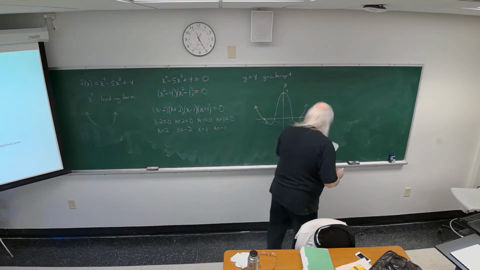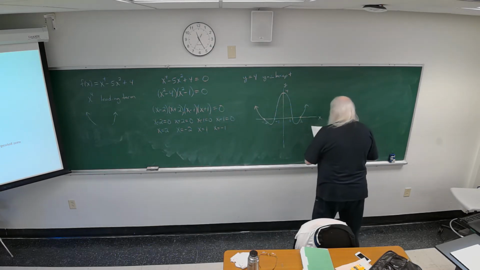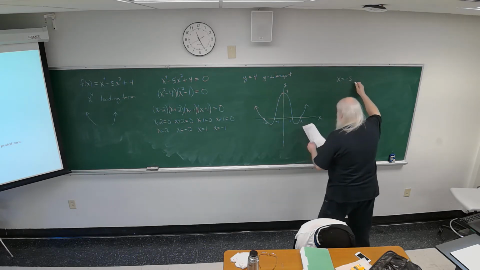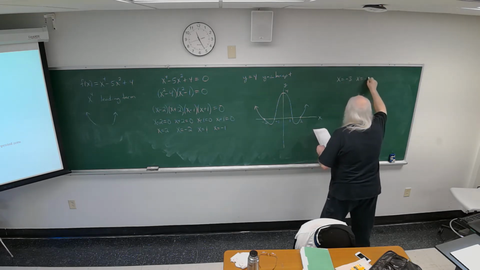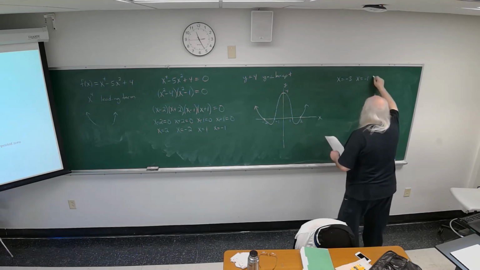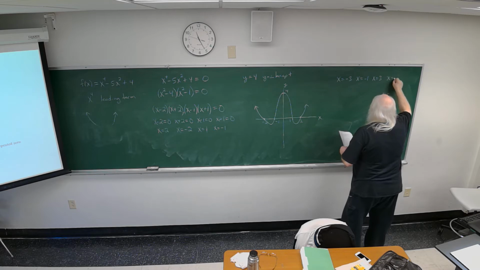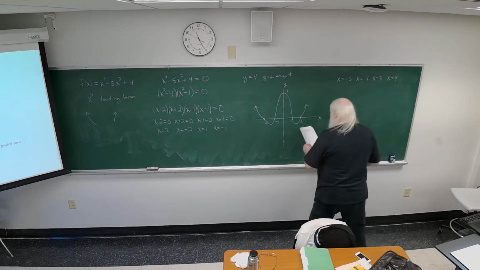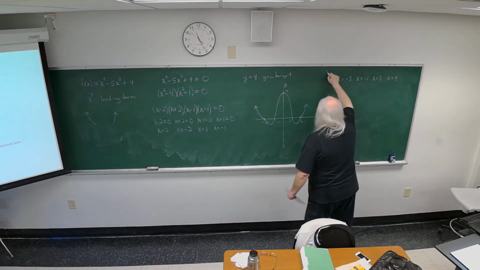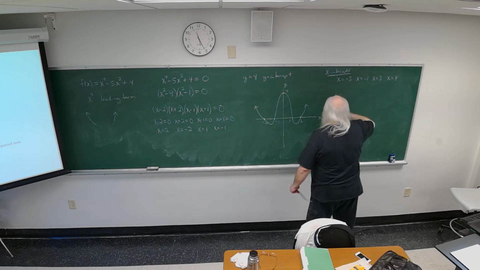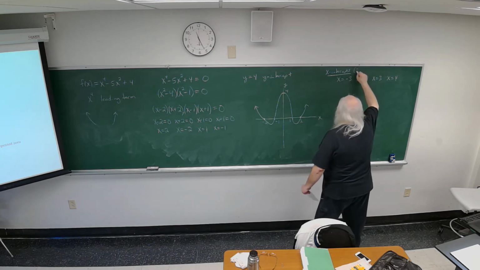So we're given x equals minus 3, x equals minus 1, x equals 3 and x equals 4 are the zeros or x-intercepts in the graph of this polynomial function.